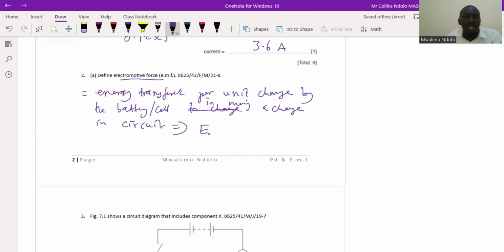In other words, mathematically, we define this as energy, which is work done per unit charge. So this is work done or energy transferred by the battery to the charge so that the charge is able to move in a circuit.